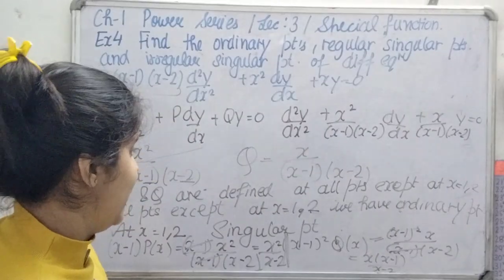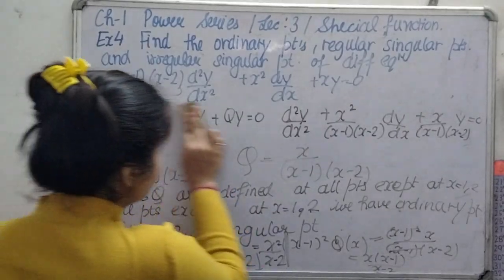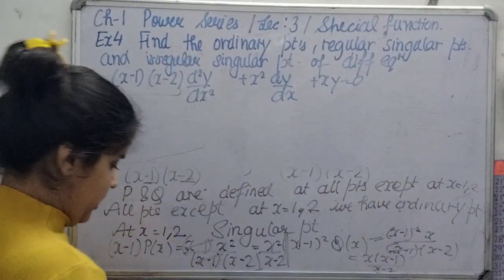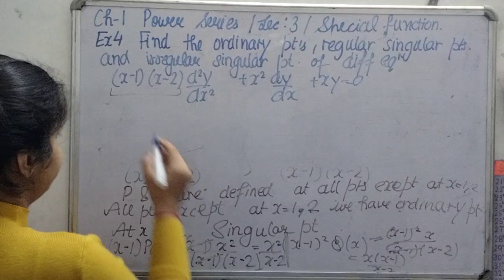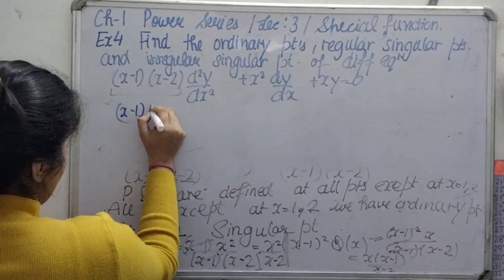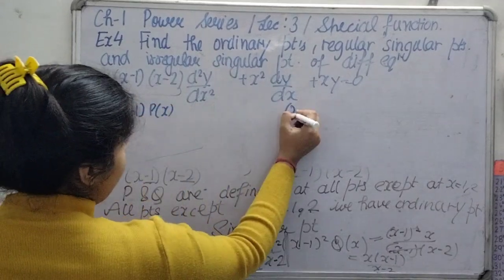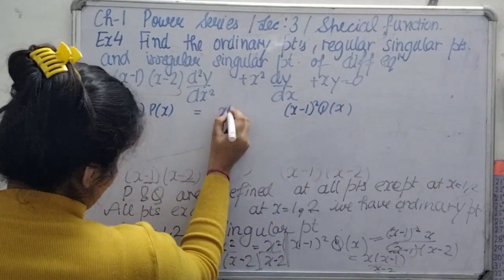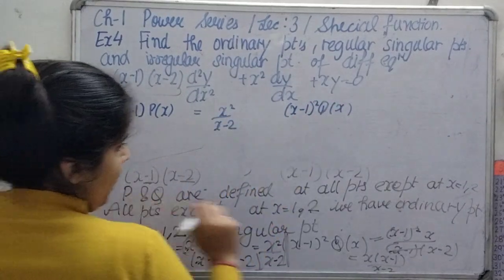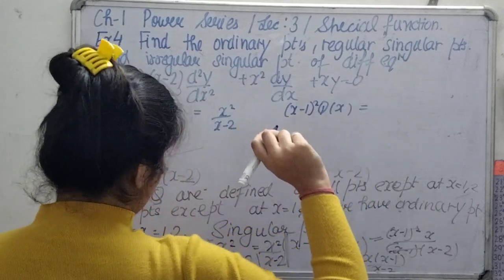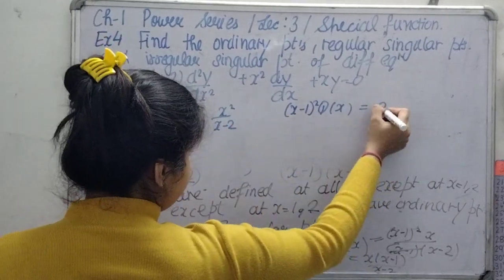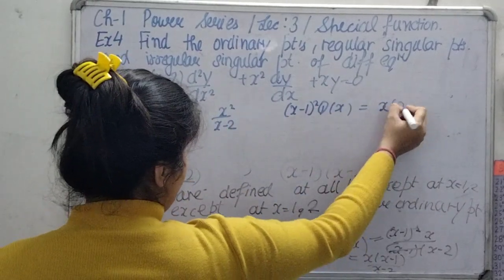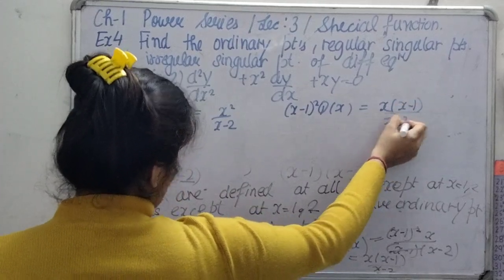Now we will check that at x is equal to 1, we have these functions as analytic or not. So we will check the function x minus 1 px and x minus 1 square into qx. So ये function आया हमारे पास x square upon x minus 2 and यहाँ पे हमारे पास function आया x into x minus 1 upon x minus 2.